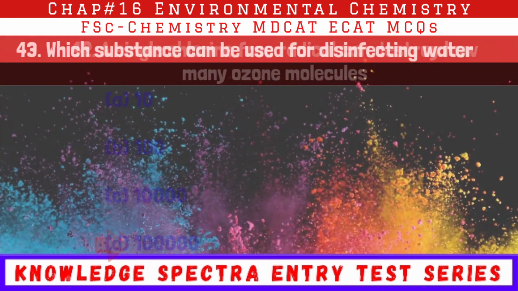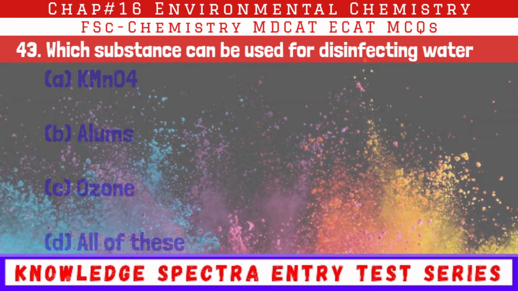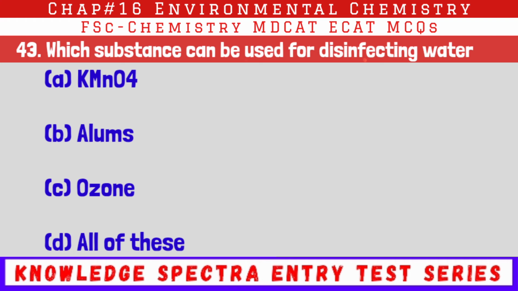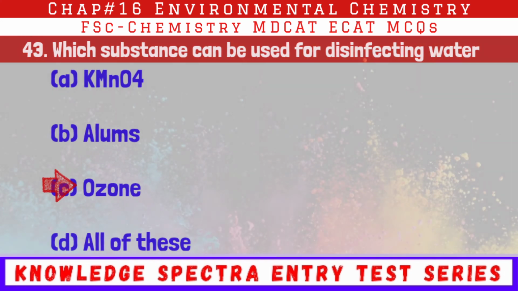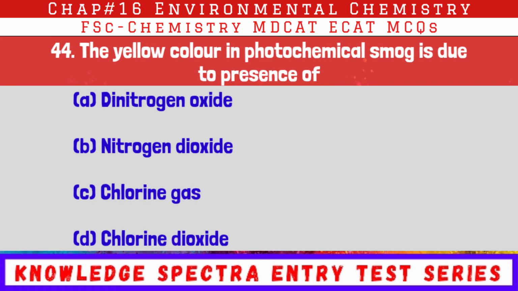43. Which substance can be used for disinfecting water? A. KMnO4, B. Alum, C. Ozone, D. All of these. Correct answer is C. Ozone. 44. The yellow color in photochemical smog is due to presence of A. Dinitrogen oxide, B. Nitrogen dioxide, C. Chlorine gas, D. Chlorine dioxide.